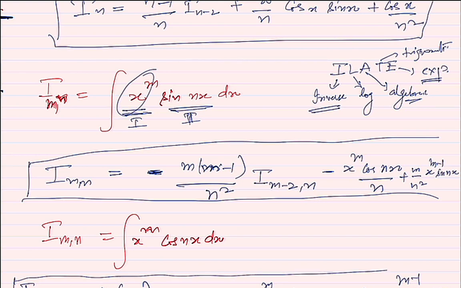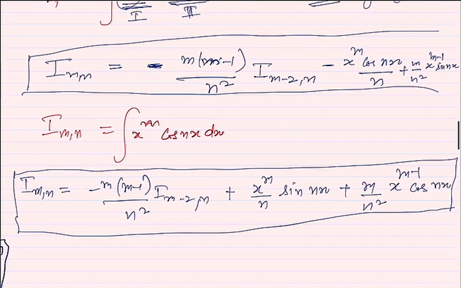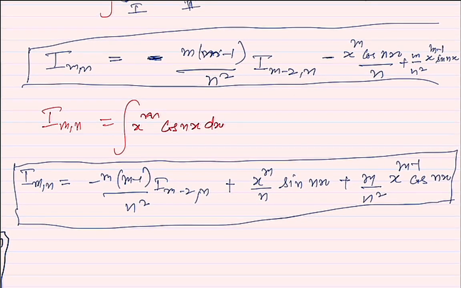So there is always a similarity between the formulas of cos and sin. This is what you get.